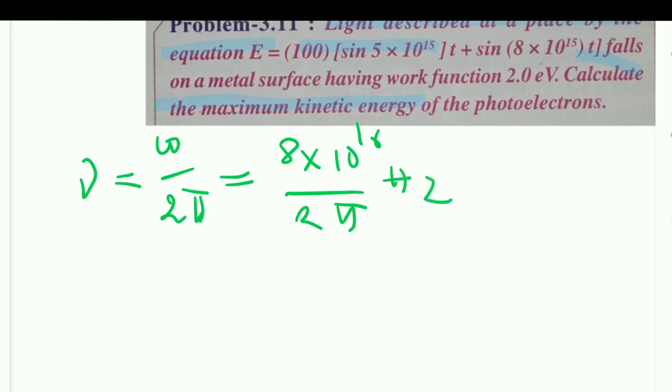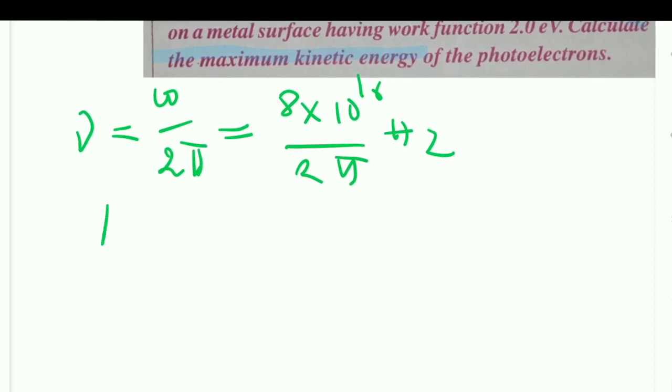The maximum kinetic energy of the photoelectron K maximum is equal to h nu minus work function.